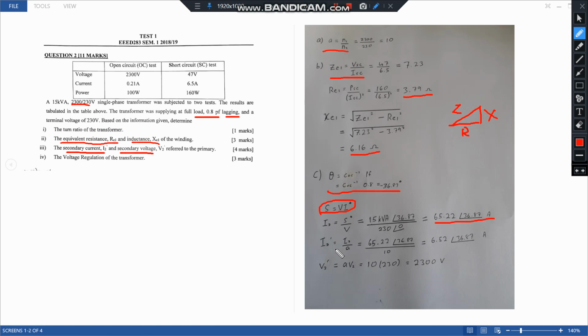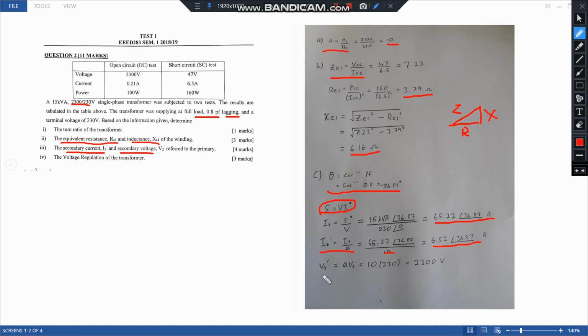After we find the answer for I2, we need to find I2 prime. I2 prime is a simple formula: I2 prime equal to I2 over A. A you already calculated in the first question. You just put it there, and you divide, and you will get this answer.